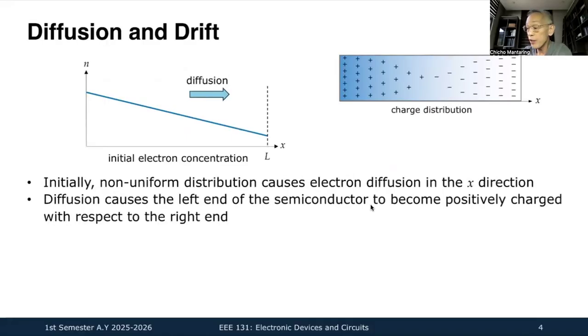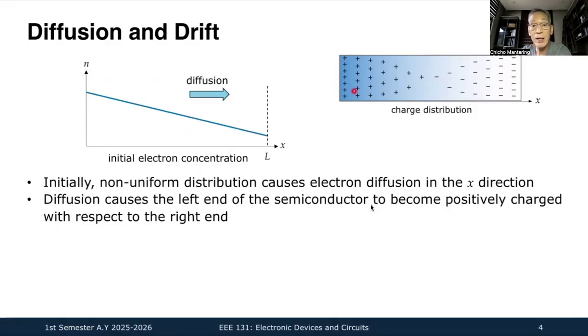As the electrons diffuse, the area where the electrons left become positively charged. And as more electrons move toward the right, the area where the electrons end up being become negatively charged. So you end up having a charge distribution in your semiconductor.